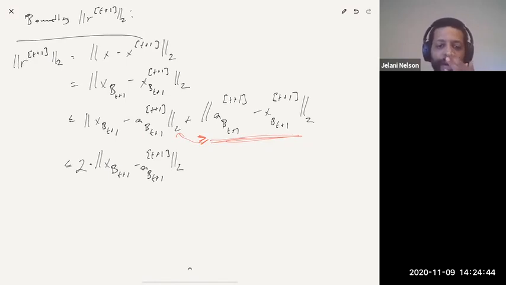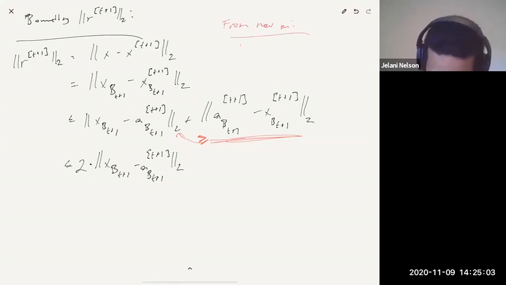Does that make sense? Okay, so now how do we bound that? Let's expand out what a actually means. From now on, I don't want to keep writing B_{t+1}. So from now on, B is B_{t+1}, and B prime is B_t.